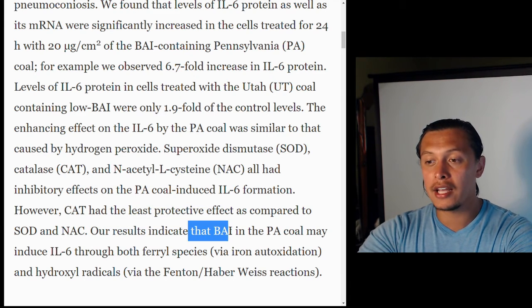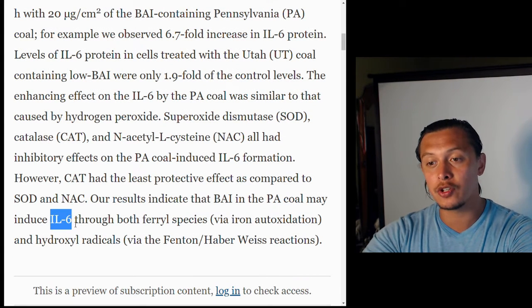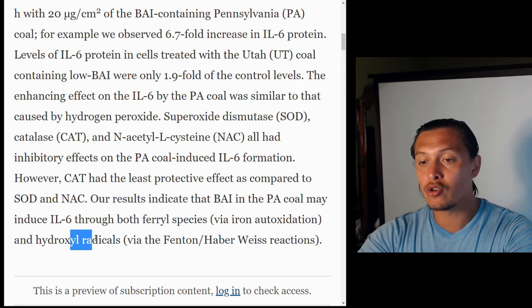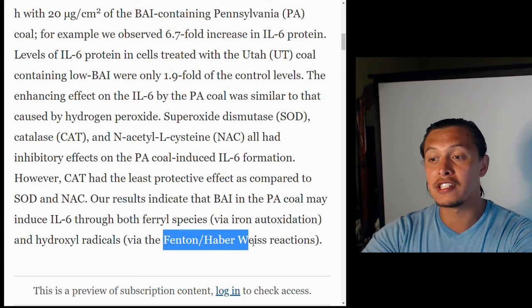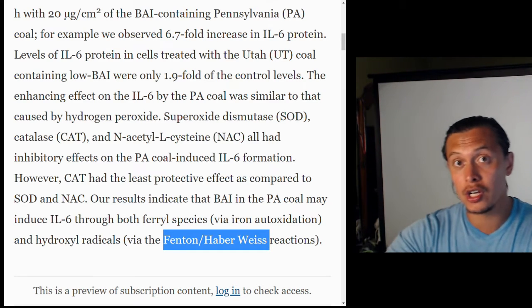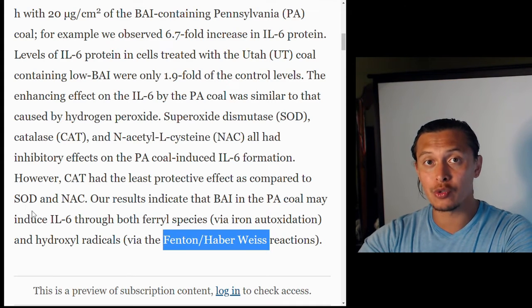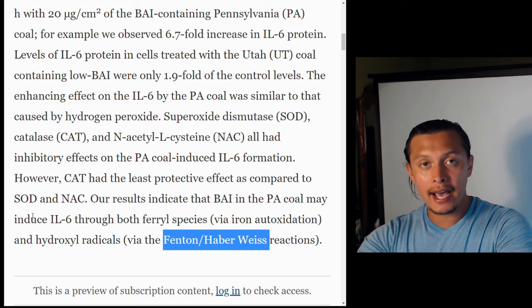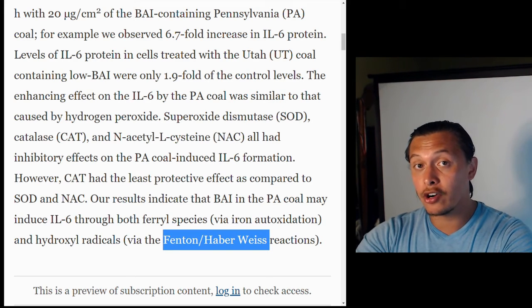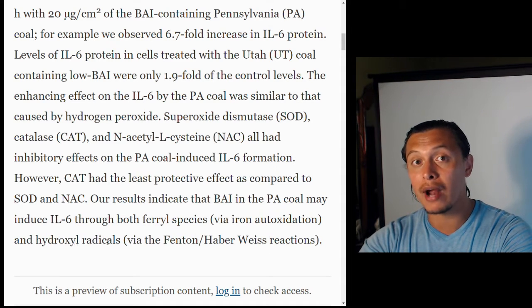So our results indicate that BAI, bioavailable iron in the Pennsylvania coal, may induce interleukin-6 through both ferrous species, which is through iron autooxidation, and hydroxyl radicals, which is through the Fenton-Haber-Weiss reaction. So this is basically when oxygen reacts with iron, it ends up catalyzing the production of superoxide, and when hydrogen peroxide interacts with iron, it catalyzes the production of hydroxyl radicals.